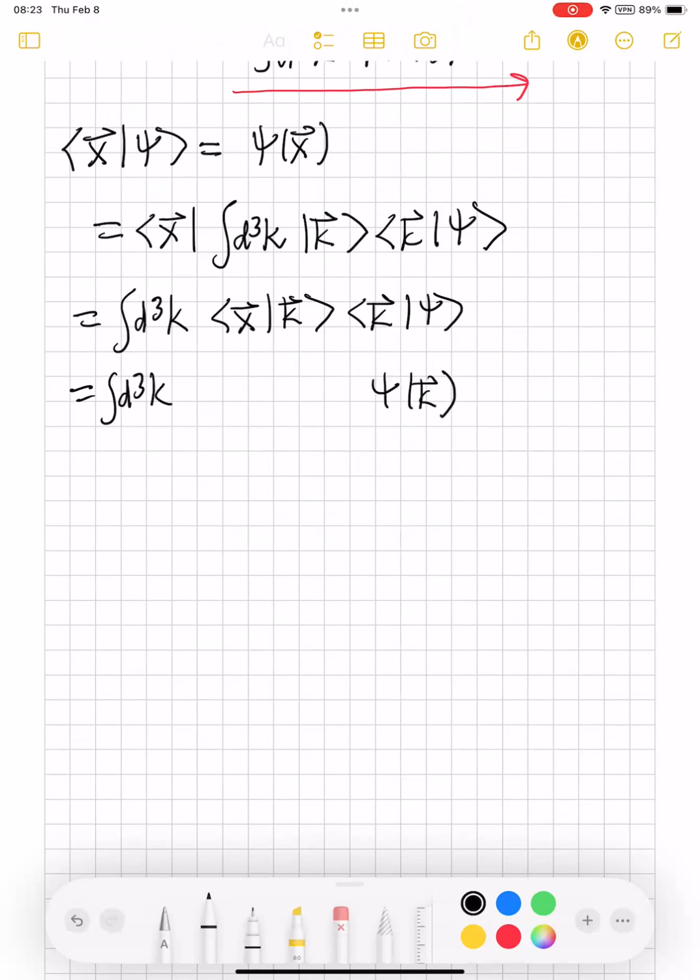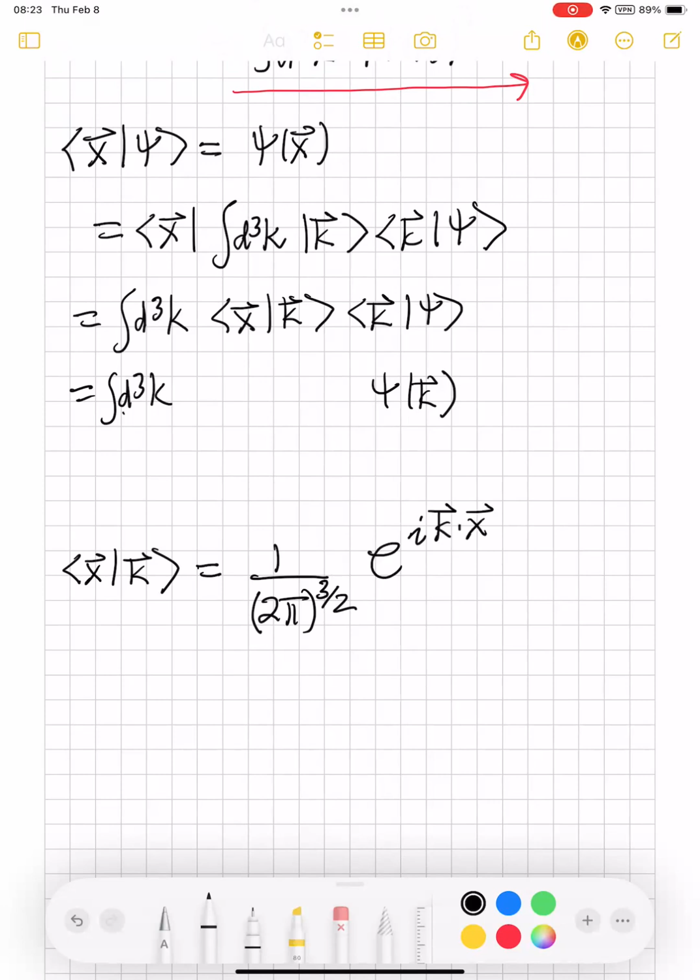And now I want to remind you, this overlap of the momentum eigenstate in position space, we used that in our calculations in this chapter. This is equal to 1 over 2 pi to the 3 over 2. Remember, we've set h bar to 1. And then we've got e to the i k dot x.